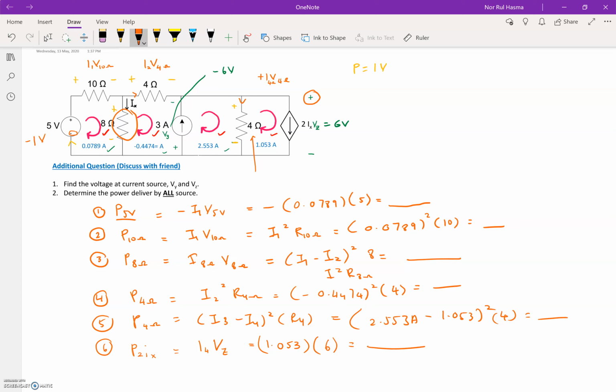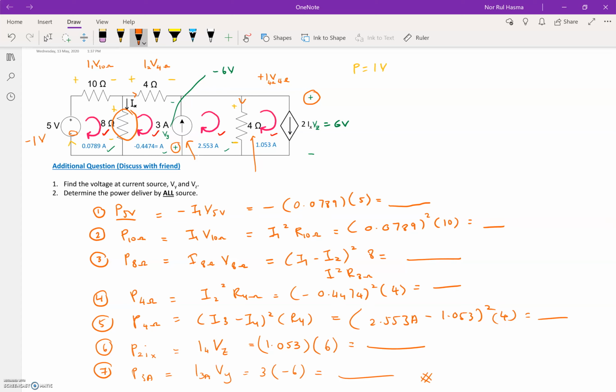And then finally, number 7, which is the current source here. You can see that the current is entering the positive terminal of Vy. So P 3 mA is positive I times Vy, which is 3 mA times minus 6. So that is the answer.